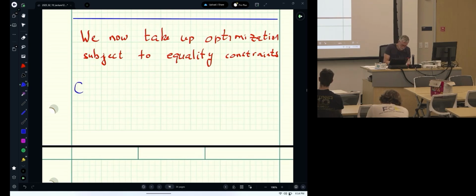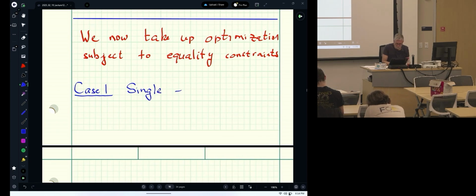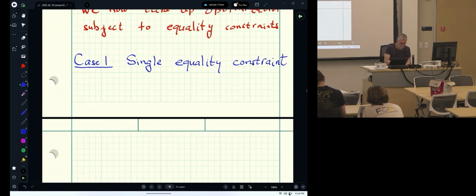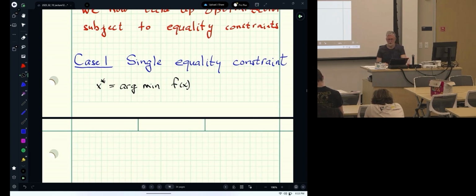And we'll do it in two cases. And the first one is just a single equality constraint. So here's the idea. I want x star to be the argmin of f of x, just as we had before.